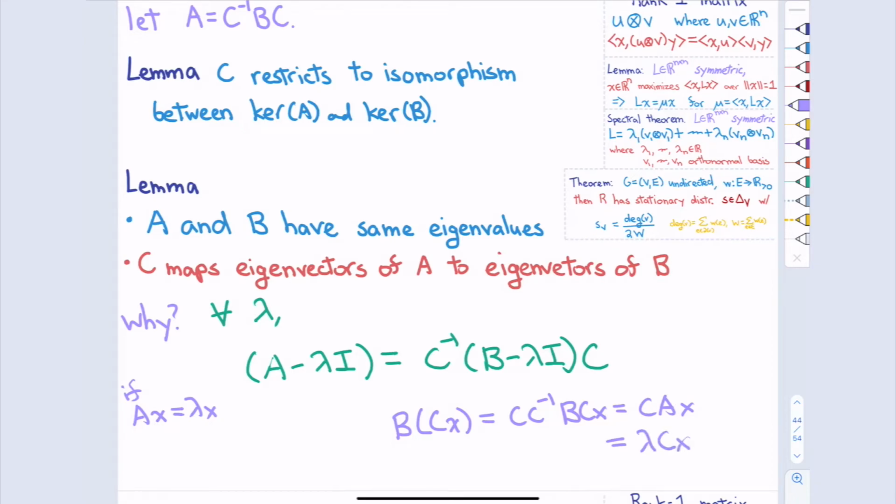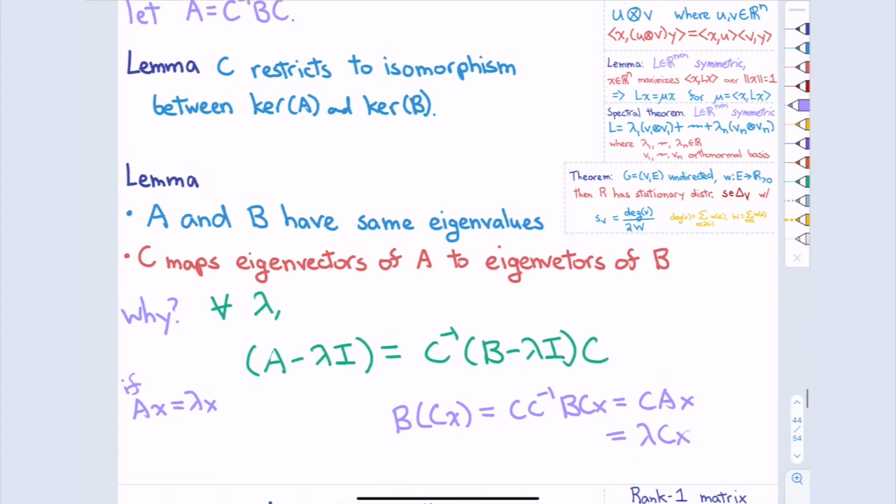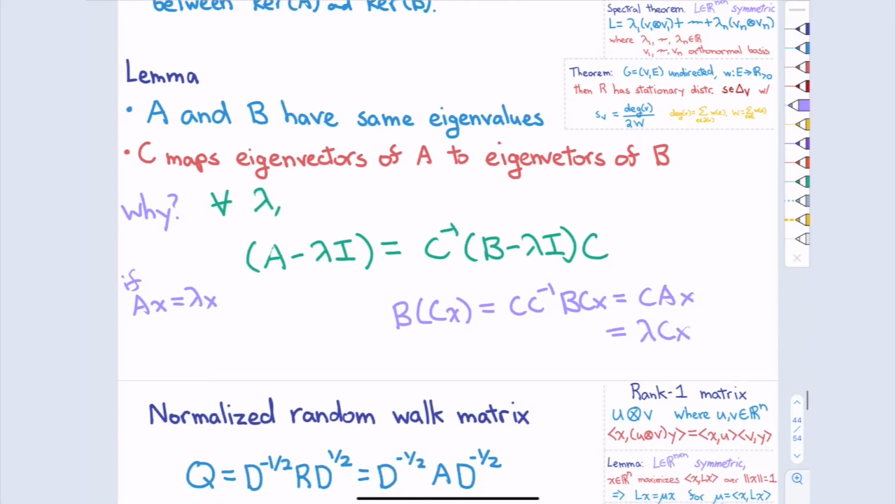Okay, so C will map an eigenvector of A to an eigenvector of B. Maybe that's easier. Okay, but what's really going on is that similar matrices have matching eigenvalues and eigenvectors. Let's put that to use now.